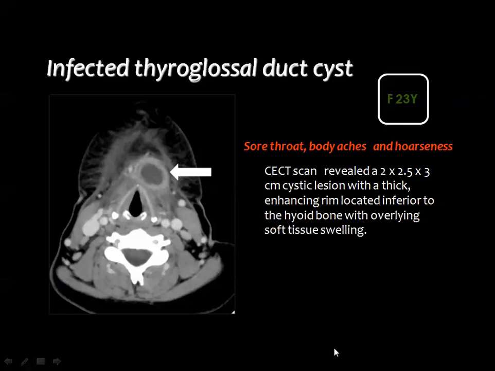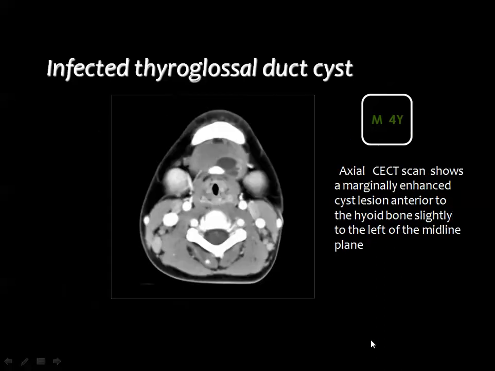If this cyst is secondarily infected, you get an abscess and a marginally enhancing lesion, which is almost exactly in the midline, suggestive of an infected thyroglossal duct cyst, and you can see the stranding of the surrounding and the subcutaneous fat planes. And this is also an infected thyroglossal duct cyst, which is located anterior to the hyoid bone.